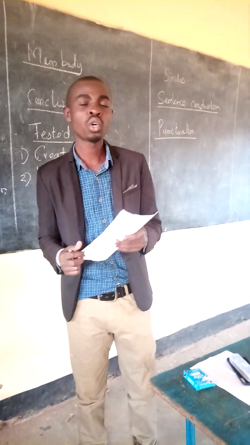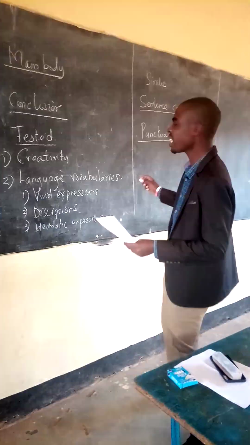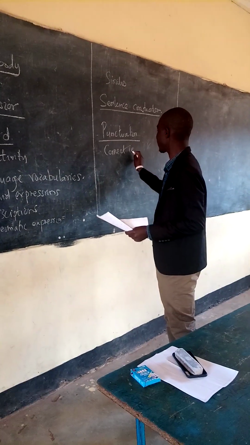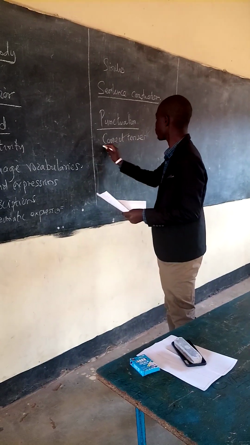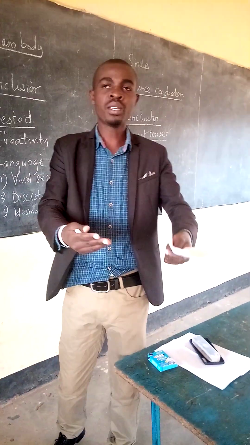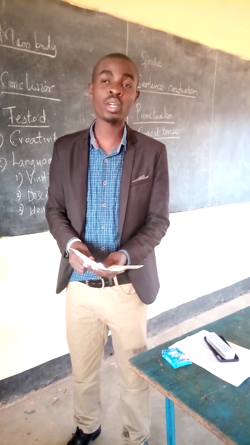Then we're also going to talk about using correct tenses. Very many candidates fail correct tenses. If it is a speech, you are talking, so it is always in present tense.